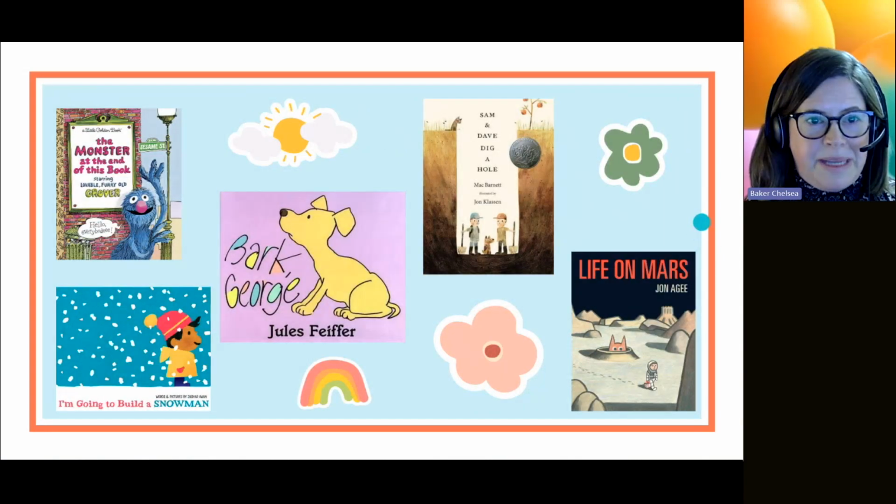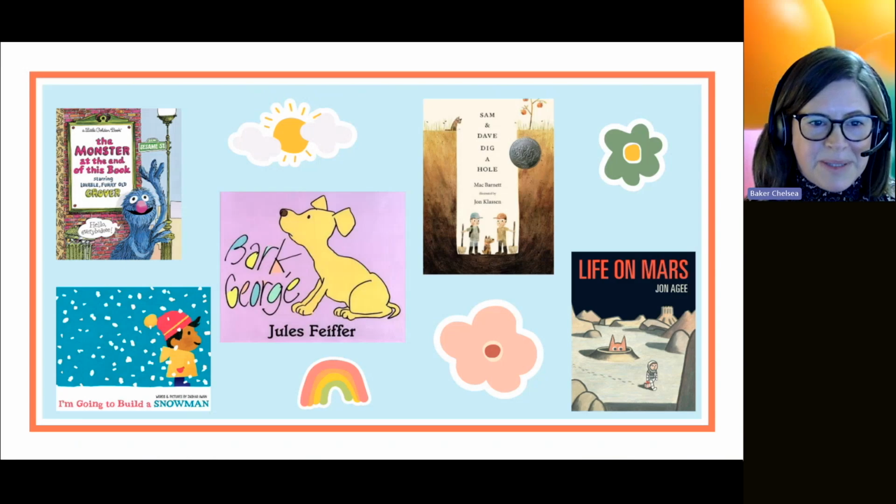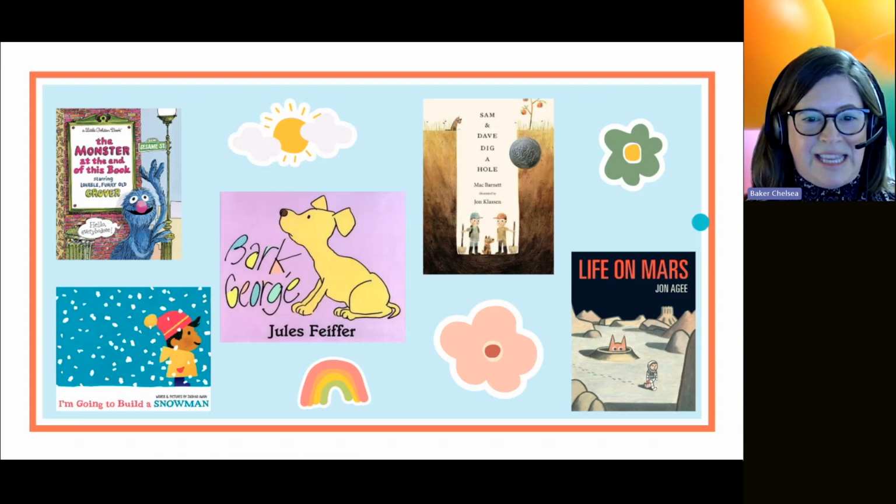Other books with great twists at the end, and I'm happy to see some of them in the video that just played. Most of these are for the younger kids: The Monster at the End of This Book, Bark, George, I'm Going to Build a Snowman, Sam and Dave Dig a Hole, and Life on Mars by Jon Agee.